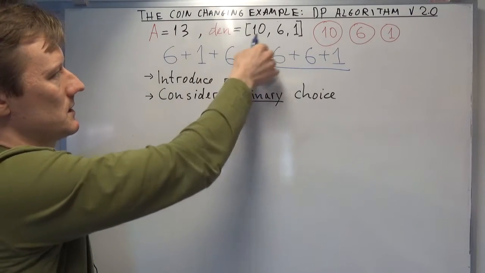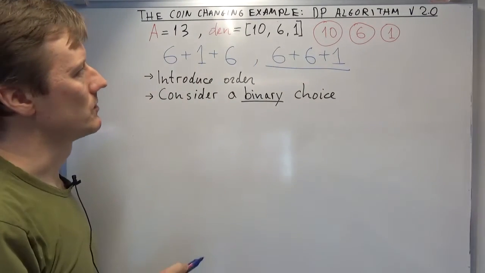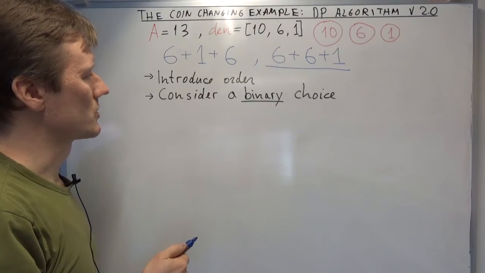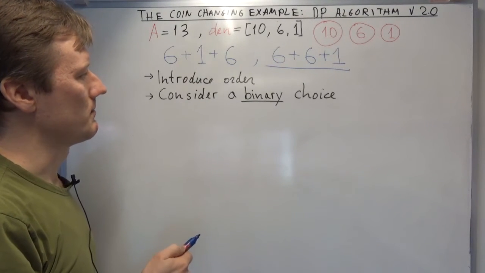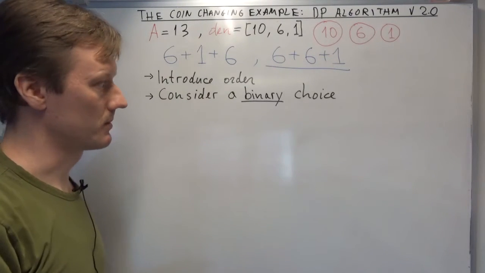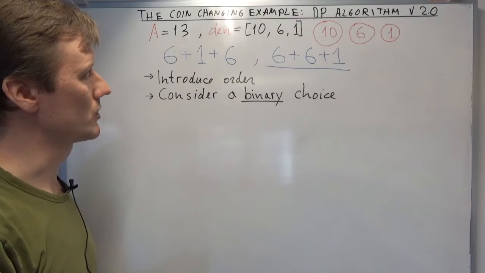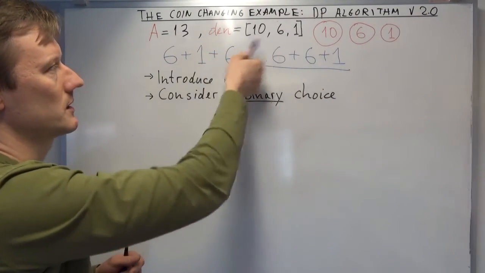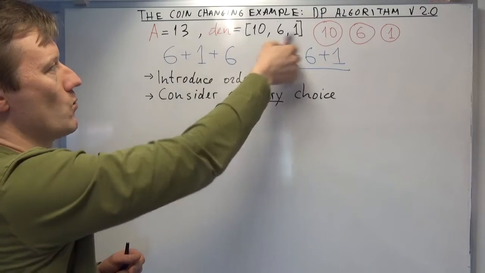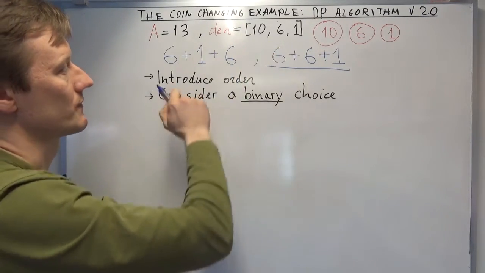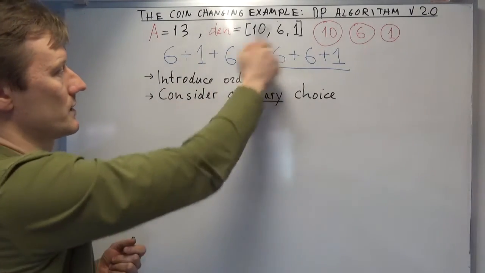Once we have an order in which we consider the denominations, then we can consider making a binary choice instead of a k-ary choice, as we did in the previous solution. There we said, okay, we can choose any coin here, so the choice is 1 out of 3. We choose as the first coin any of these 3 coins.